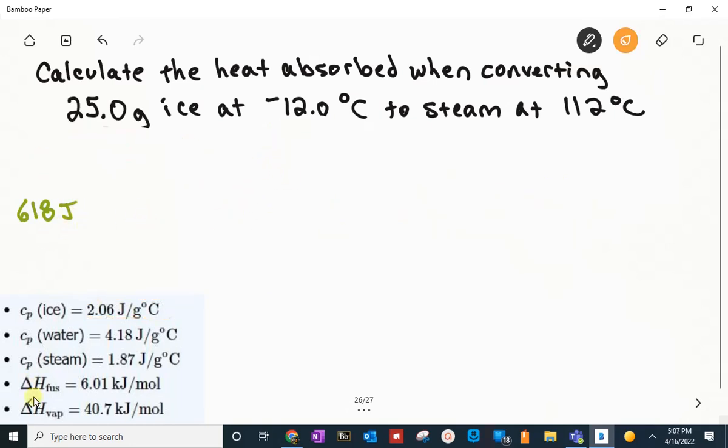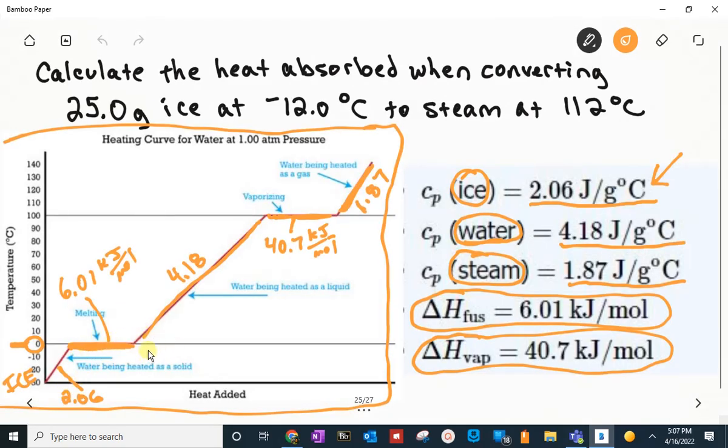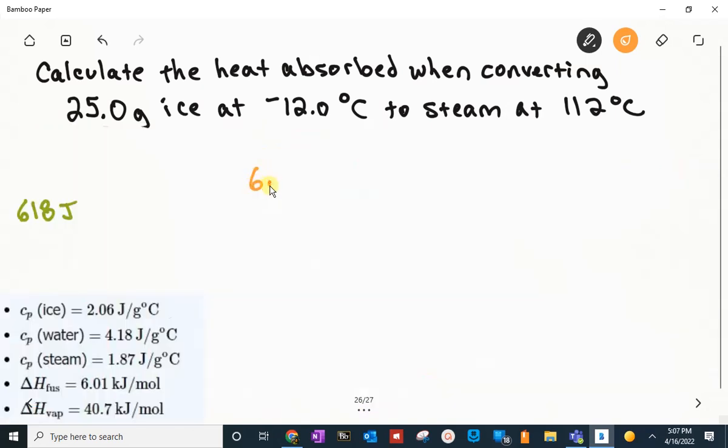Now our second part, if we go back to this graph, the work's already kind of done for us. It tells us that the entire time it's at 0 degrees Celsius, the heat of fusion is 6.01 kilojoules per mole.